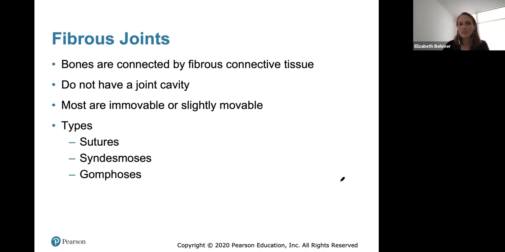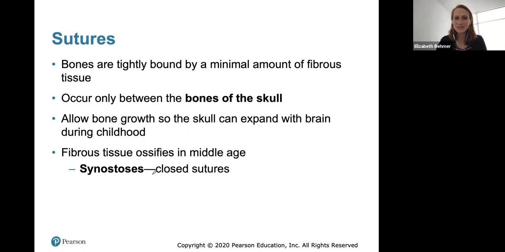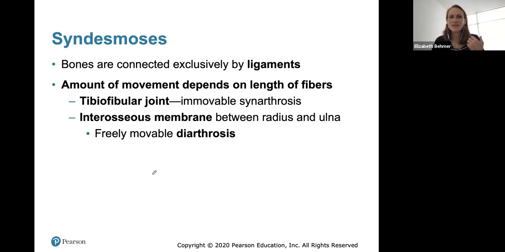Fibrous joints are bones that are connected by fibrous connective tissue, with no joint cavity. Most are immovable, maybe slightly movable. These are the types of fibrous joints. We can have sutures, which hold the bones of the skull together. Syndesmoses are bones connected exclusively by ligaments.